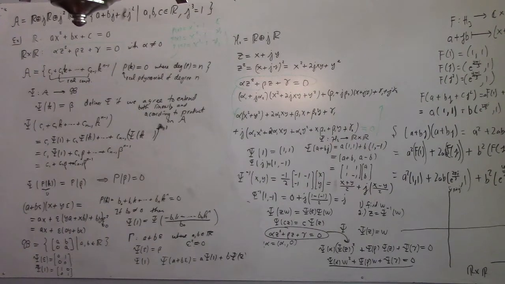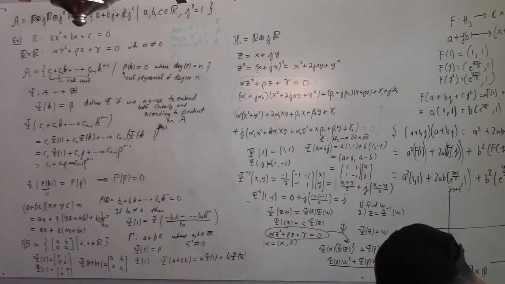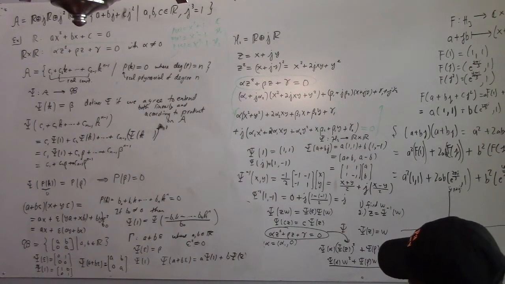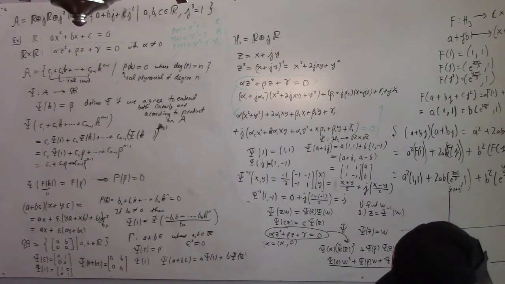And so psi of A plus B epsilon is just what I've written there. And you can multiply two matrices of that type and you'll see that you get the same lovely pattern.